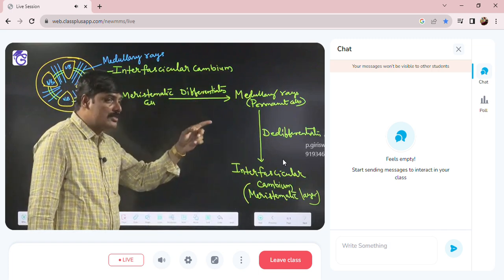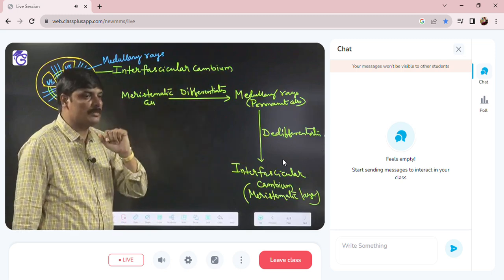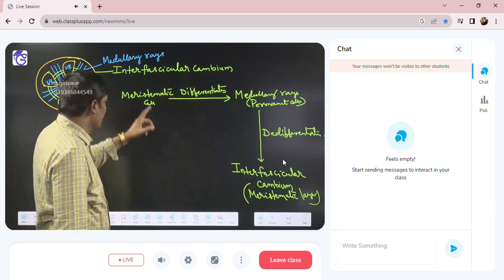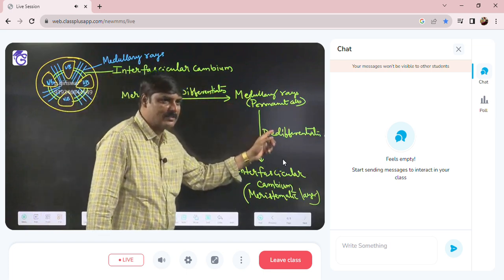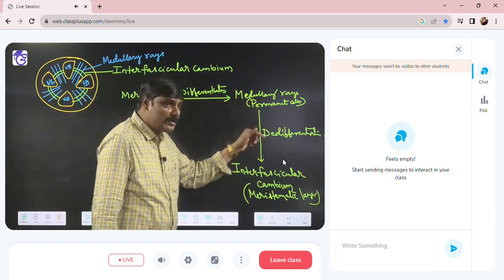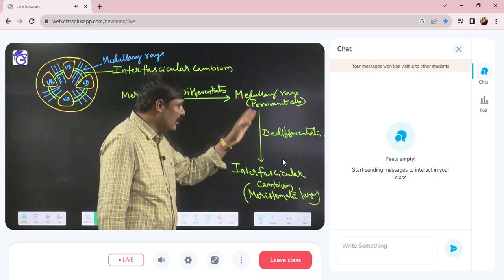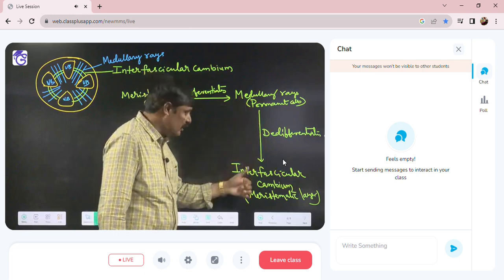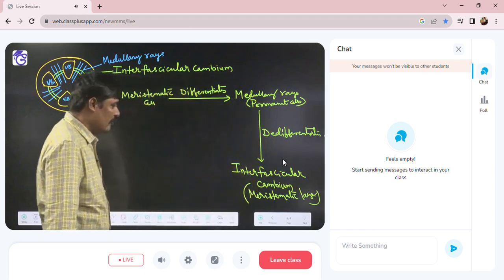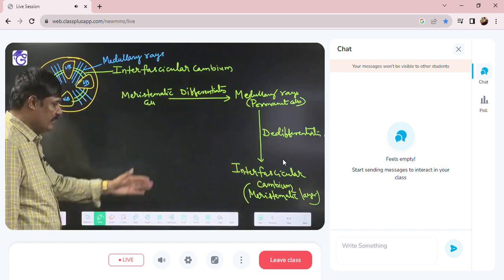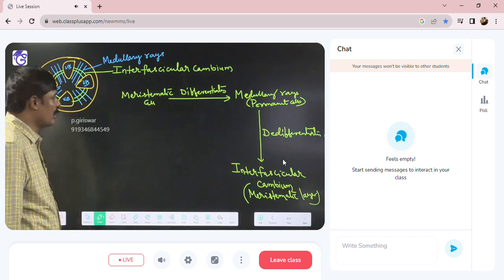Directly embryonic cells become intrafascicular cambium. Here embryonic cells become medullary rays first. Some medullary rays, not all, become dedifferentiated and form one more cambium, a meristematic layer called interfascicular cambium.